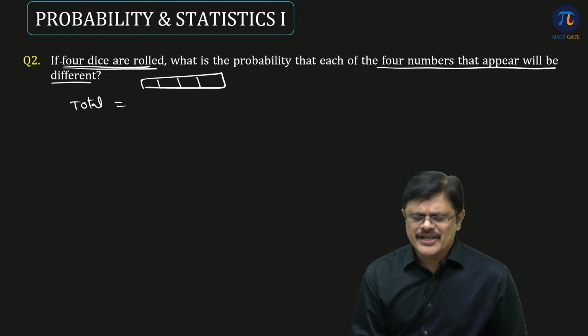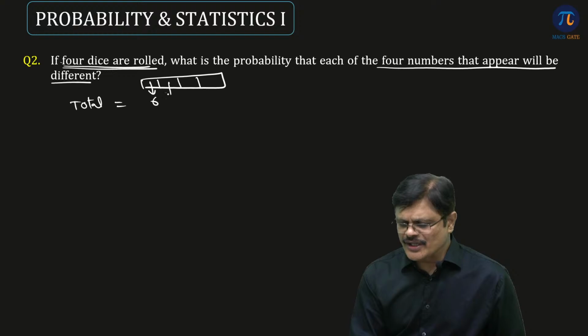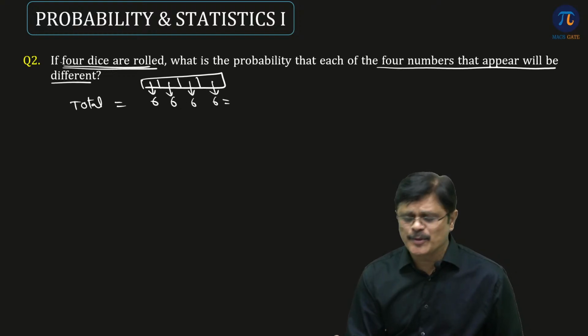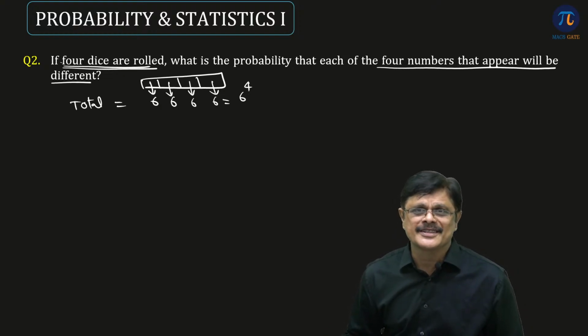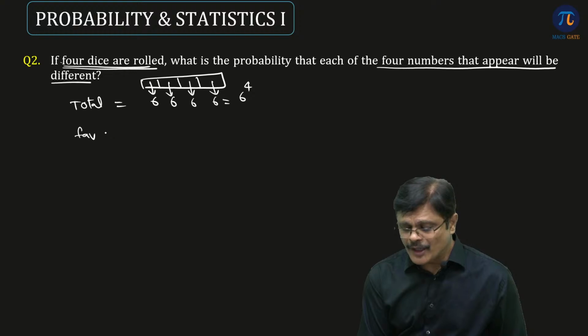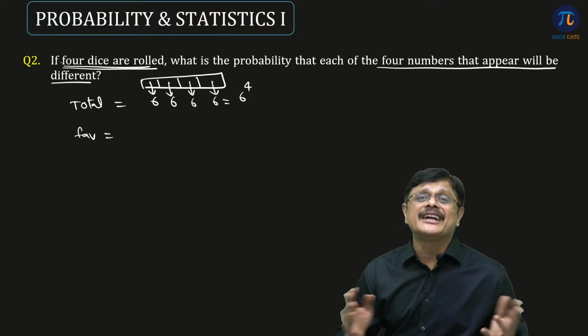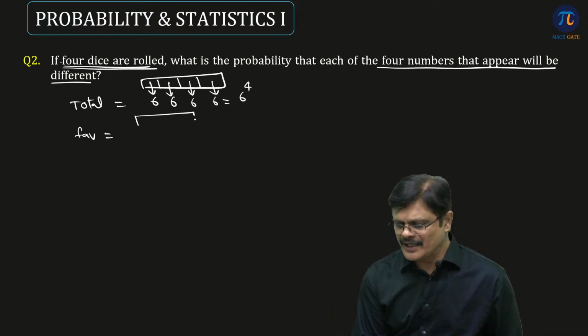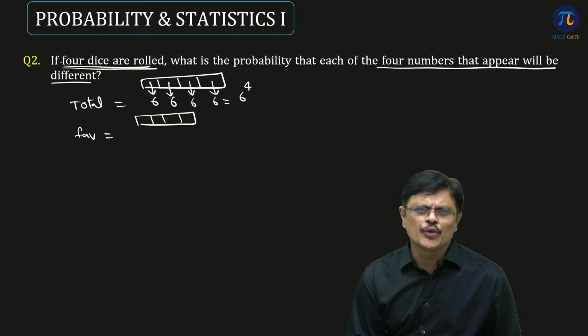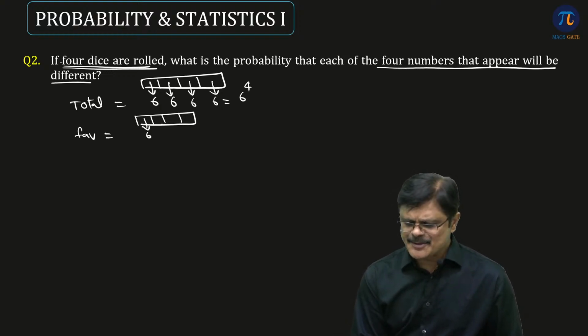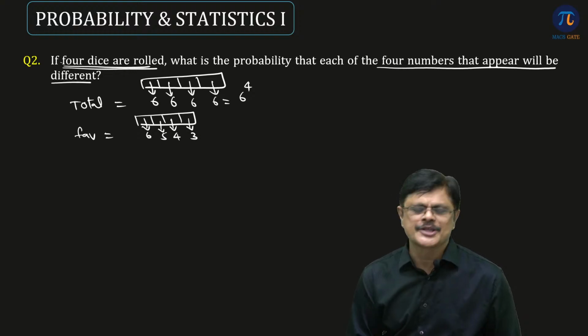Total is without any restriction. So there are 6 possibilities on the first die, 6 possibilities on the second die, 6 possibilities on the third die, 6 possibilities on the fourth die. So you are having total 6 power 4 possibilities. But what is the favorable thing you want? You want different outcomes. Of course, there are 2 ways of doing it: 6 possibilities, 5 possibilities, 4 possibilities, 3 possibilities.